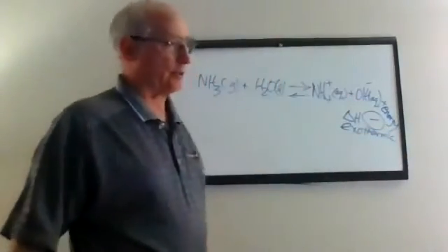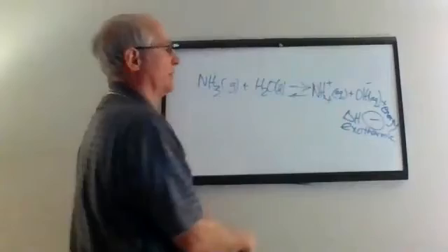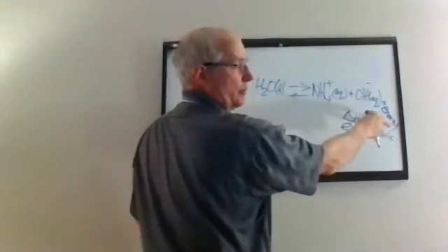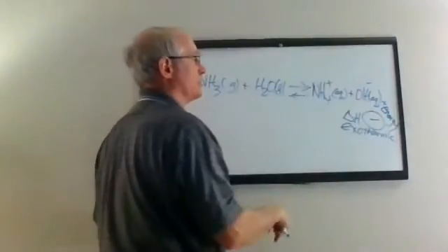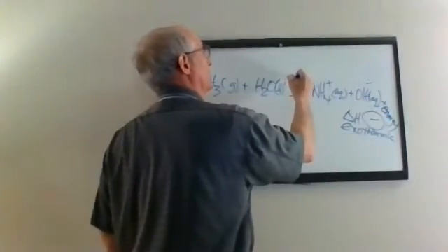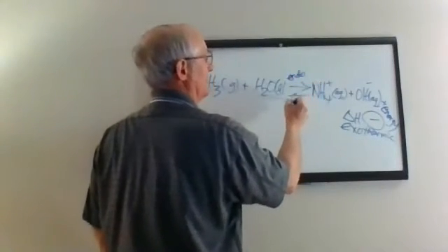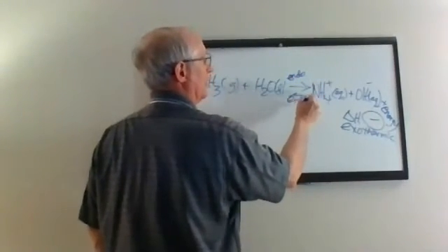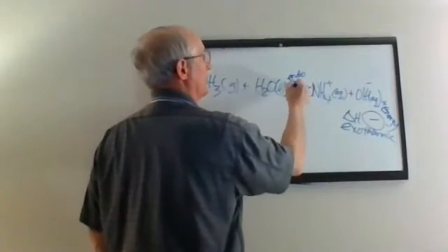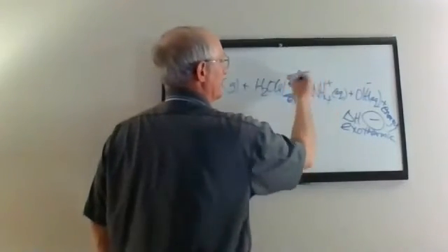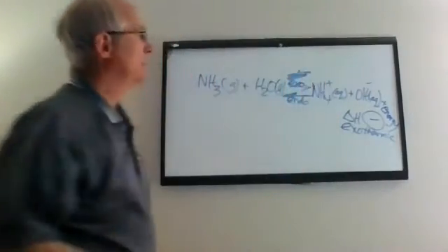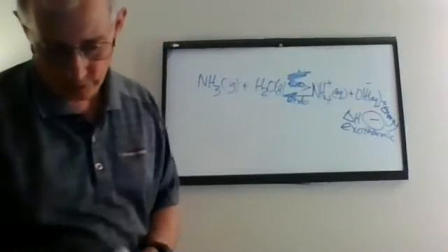Going in that direction. But if you're trying to drive in this direction, energy becomes a reactant, and so it becomes endothermic going this way. Exo, going forward, endo, going in reverse.